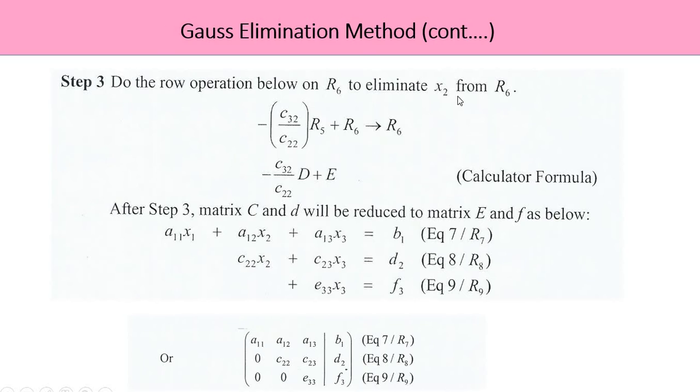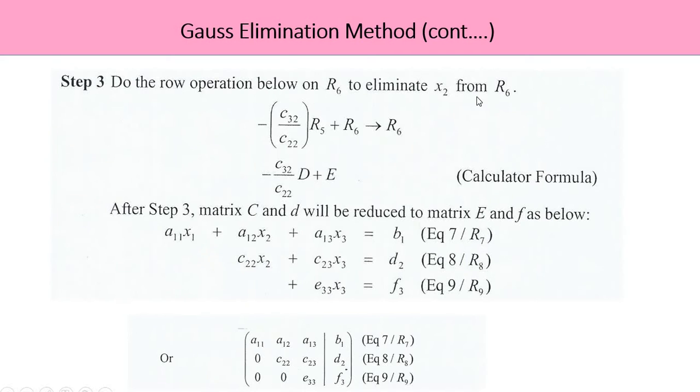On the next step, we will try to eliminate x2 from the new row number 3. So you can see that we have eliminated x2 from row number 3. Bear in mind that for step number 3, we are using the new matrix because we renamed it as R6.